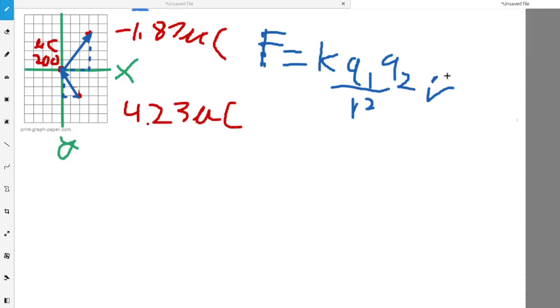But what's that going to be? For the first one, let's call this angle theta. Let's call this angle alpha.